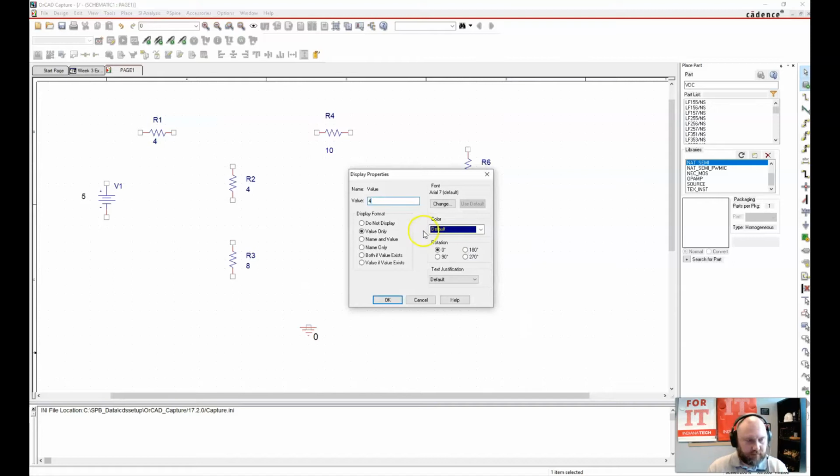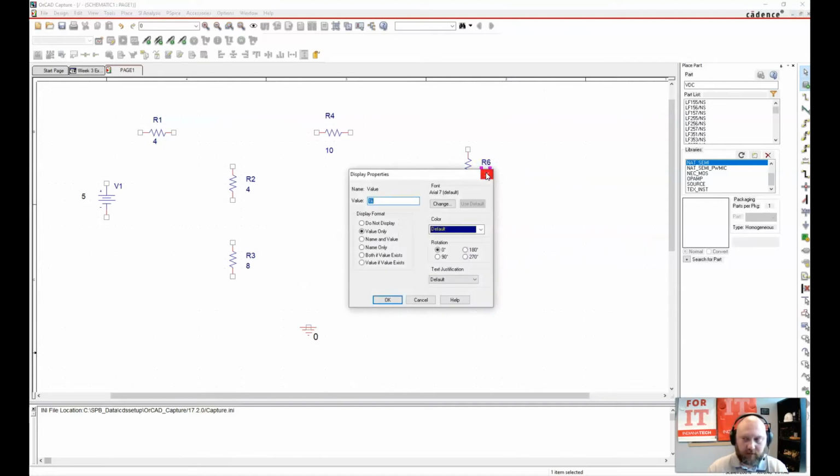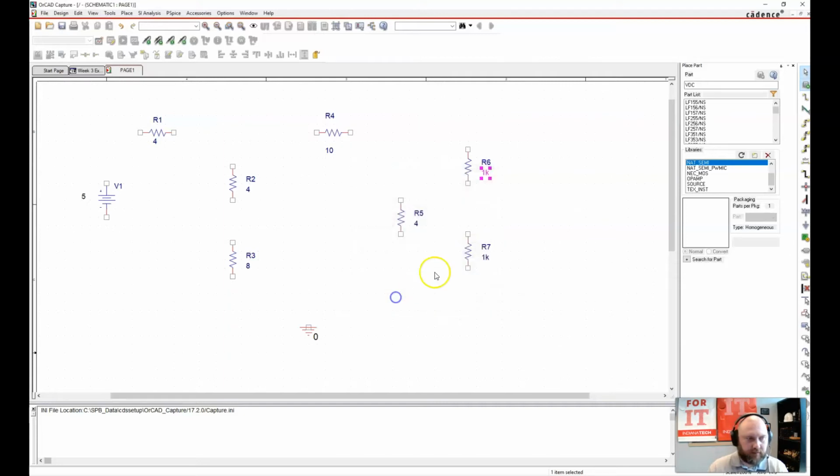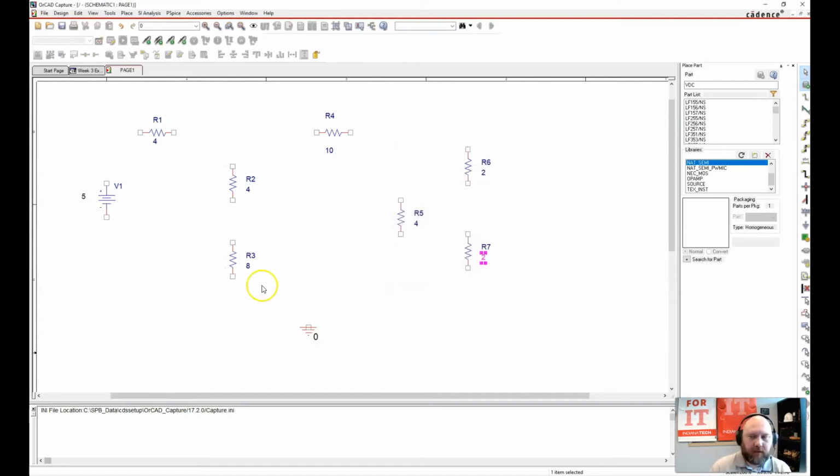And this is also 2. 2. And now I'm going to use the W key to start connecting up everything.